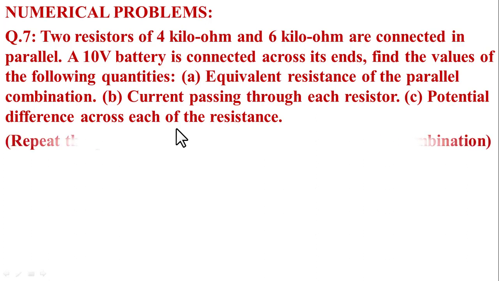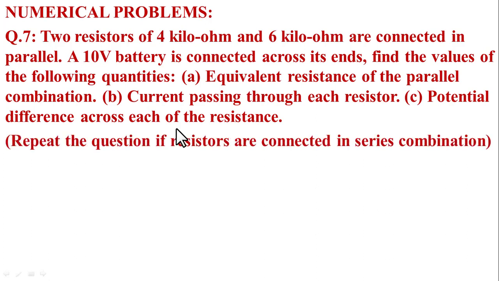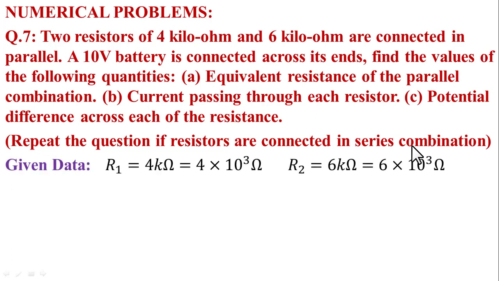So, first of all, write the given data. According to the given data, we can also repeat this question with the resistors connected in series combination. So first of all, R1 is equal to 4 kilo ohm. 1 kilo is equal to 10 raised to power 3.